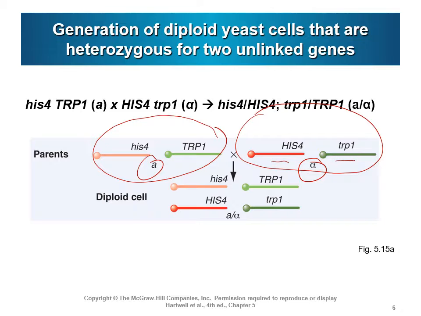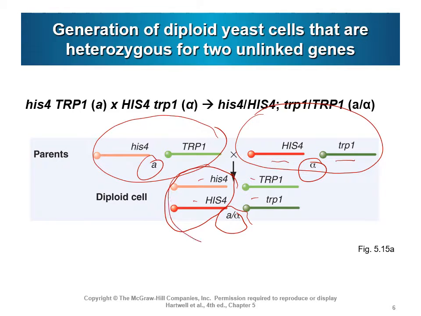When they come together and create the diploid cell A alpha, it carries histidine 4 recessive, histidine 4 dominant, tryptophan 1 dominant and tryptophan 1 recessive.